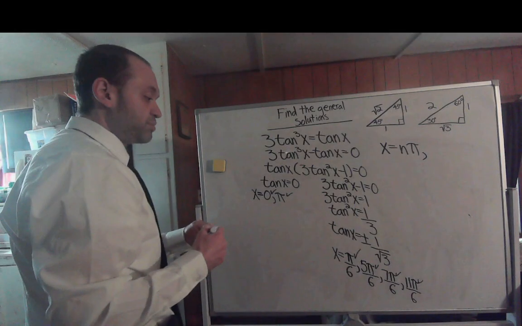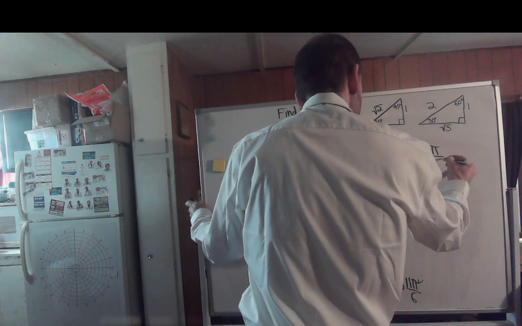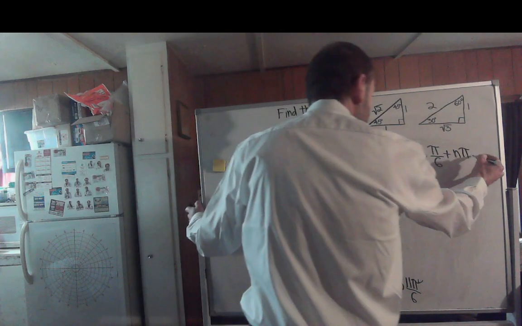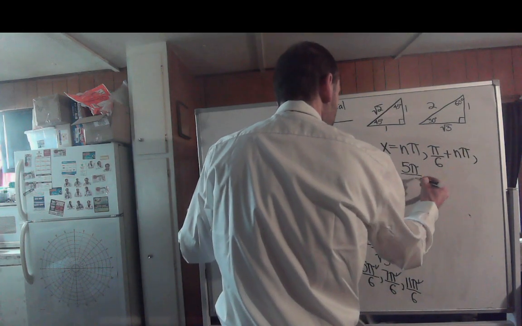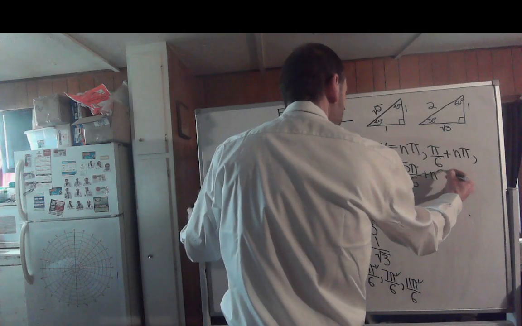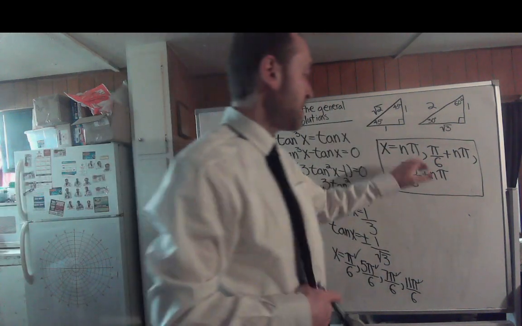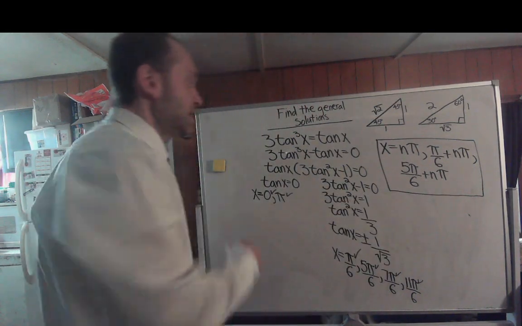Now, your multiples of pi over 6, you could do pi over 6, and then your period of tangent is pi, so pi over 6 plus n pi would account for that 7 pi over 6. And then the 5 pi over 6 plus n pi would also account for that 11 pi over 6. So you can actually write this as 3 general solutions. X equals n pi, pi over 6 plus n pi, 5 pi over 6 plus n pi.